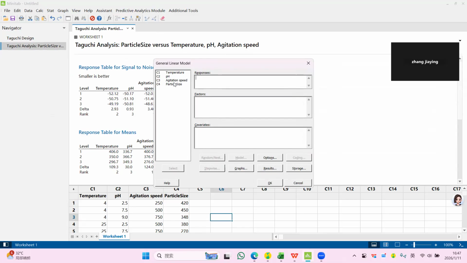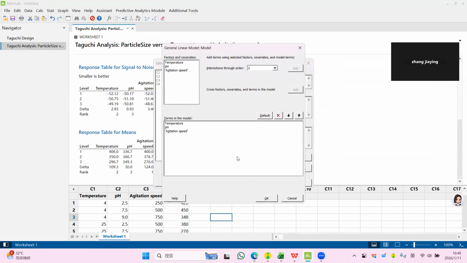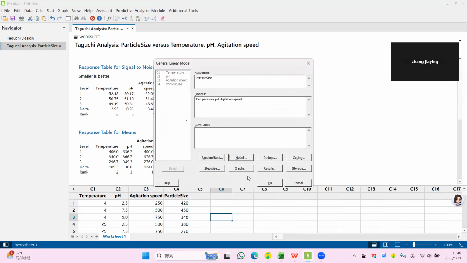For response, I choose particle size. Factors are temperature, pH, and agitation speed. The model is this one. It's right.